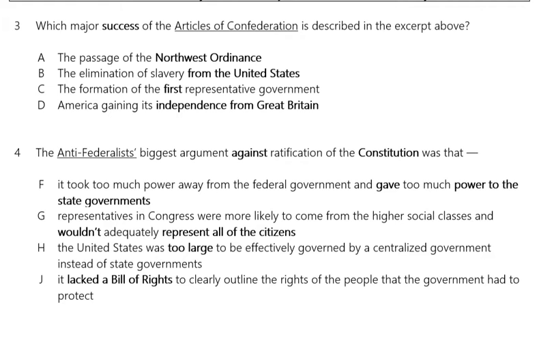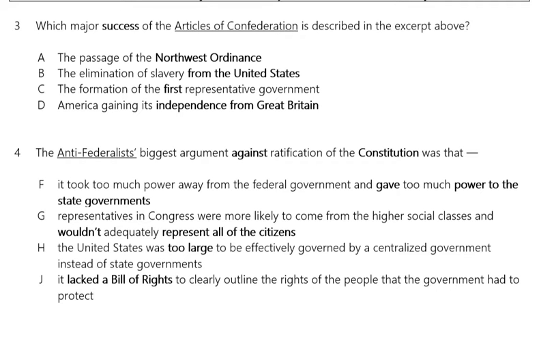Question number 4. The Anti-Federalists' biggest argument against ratification of the Constitution was that F. It took too much power away from the federal government and gave too much power to the state governments. G. Representatives in Congress were more likely to come from higher social classes and wouldn't adequately represent all of the citizens.